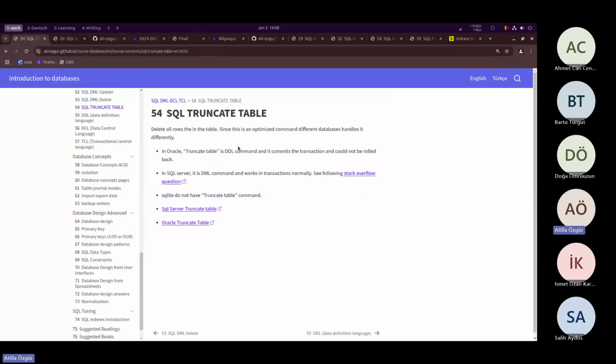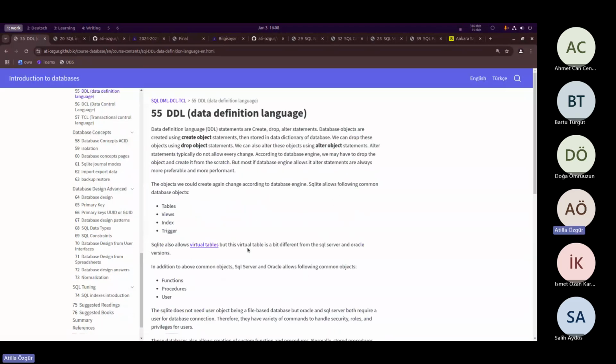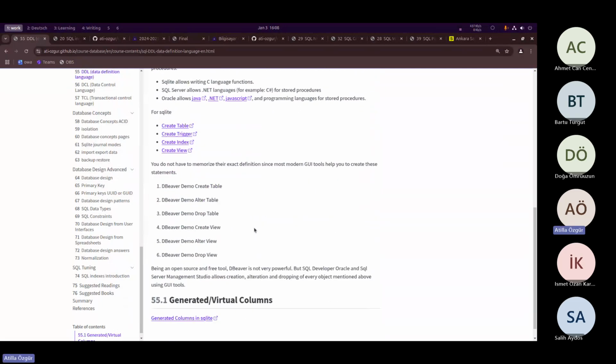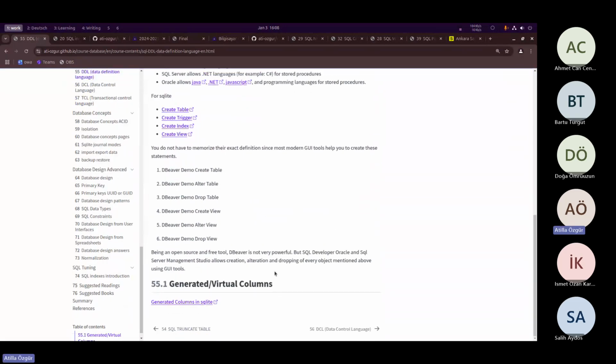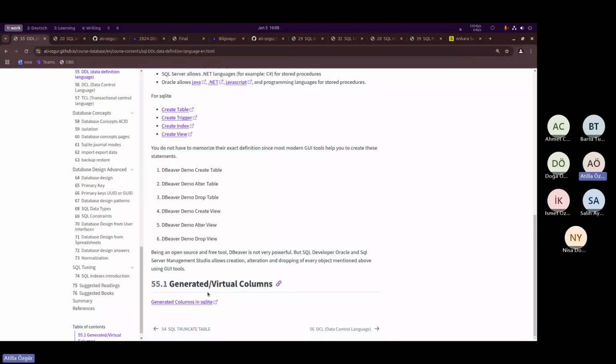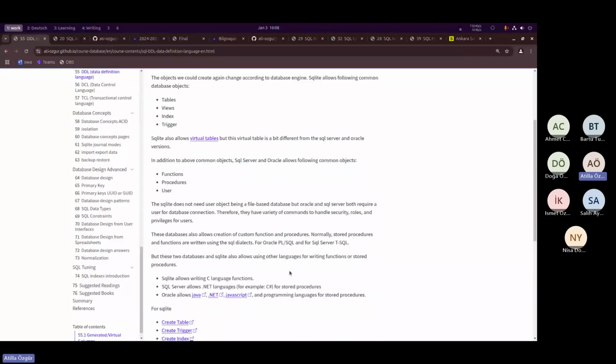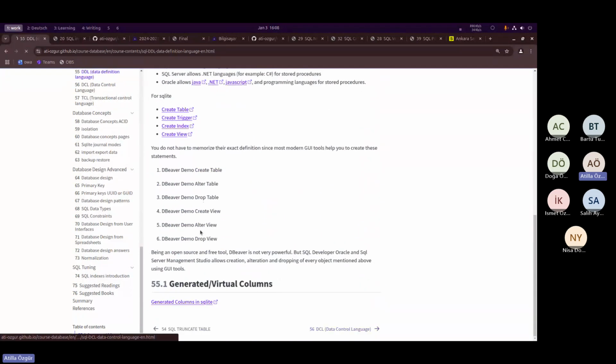Therefore, you are not responsible, but it is a faster way of deleting everything in the table. Okay. We have data definition language. We have talked about them: create table, create trigger, create index, and create view. But again, it is hard to ask something like this in an exam situation.